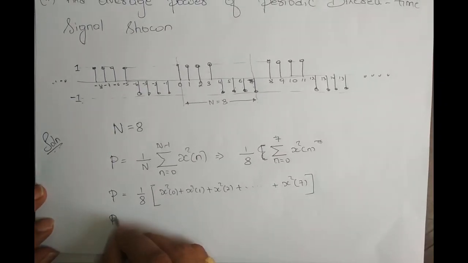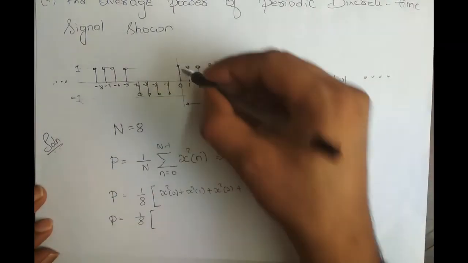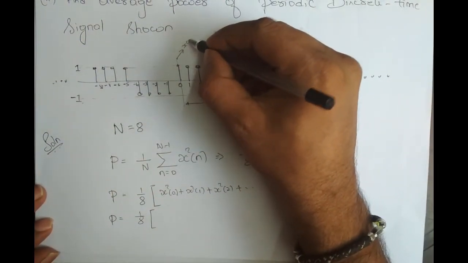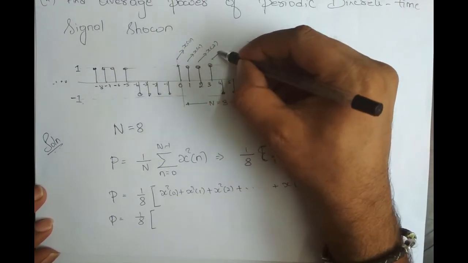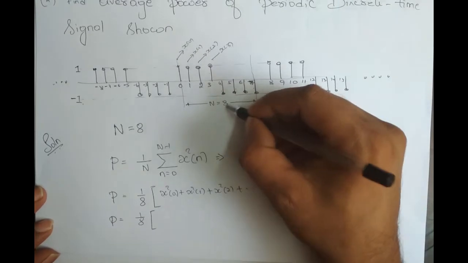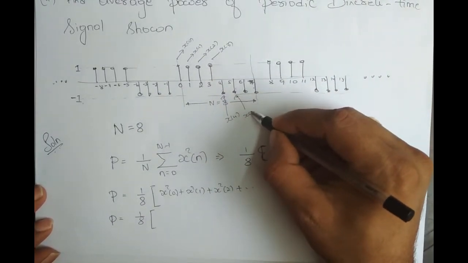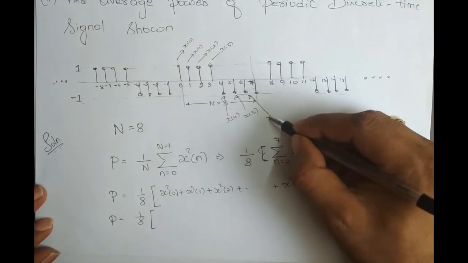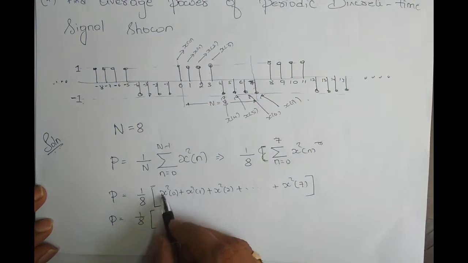Now P is equal to 1 by 8 times, what is x of 0? This sample is x of 0, this is x of 1, x of 2, x of 3, x of 4, x of 5, x of 6, and this sample is x of 7. What is the value of x of 0?